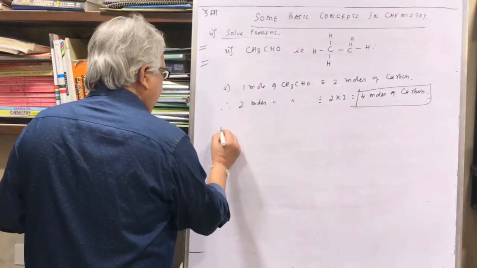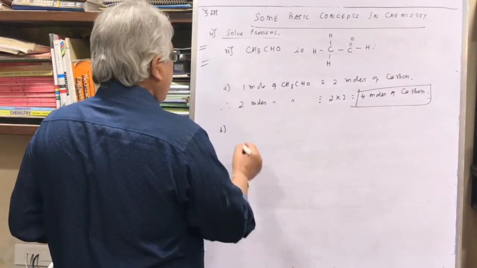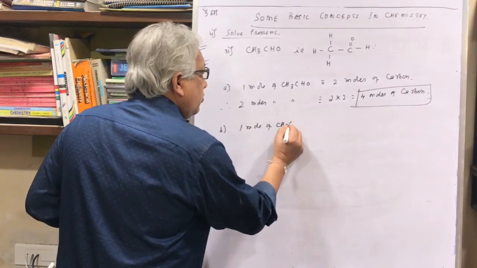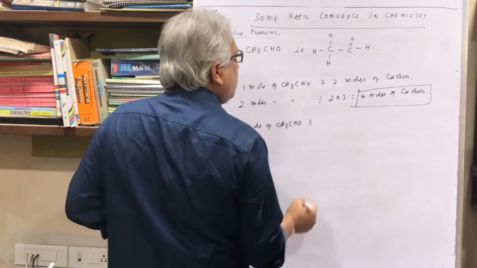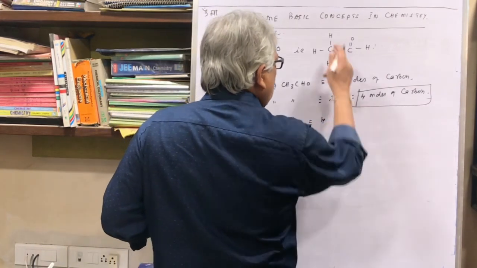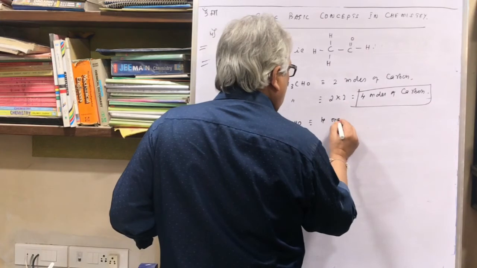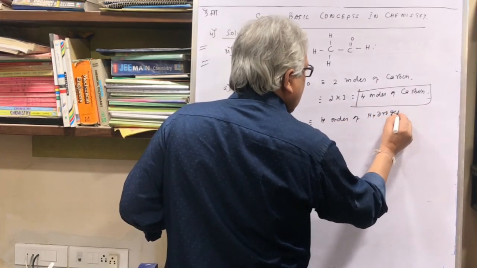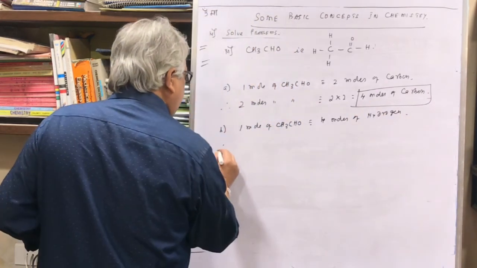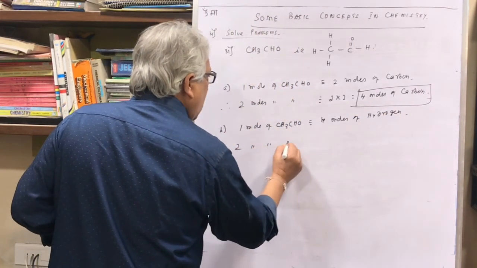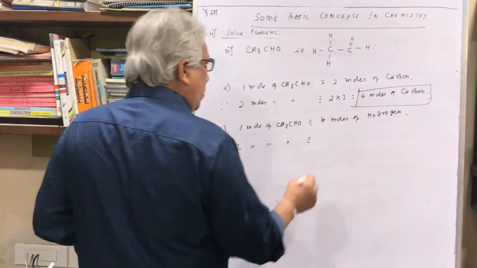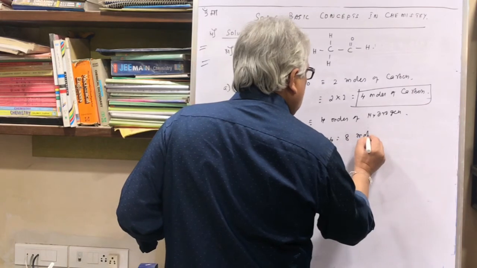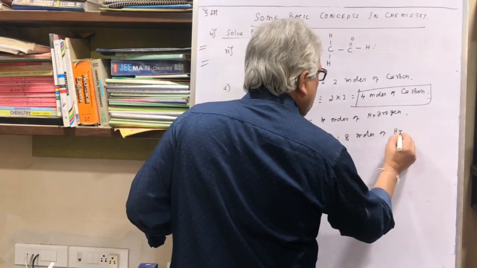Then point B, they have asked me about hydrogen. Now, my point is 1 mole of CH3CHO corresponds to 4 moles of hydrogen atoms. So, therefore, 2 moles of acetaldehyde corresponds to 2 into 4, that is equal to 8 moles of hydrogen.